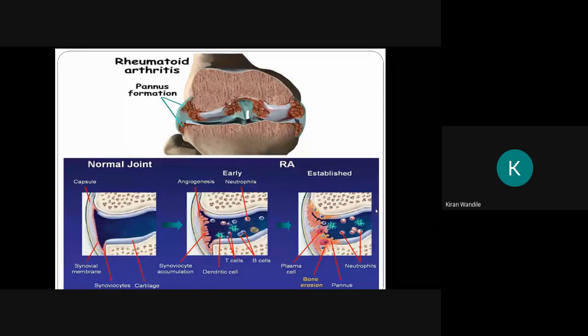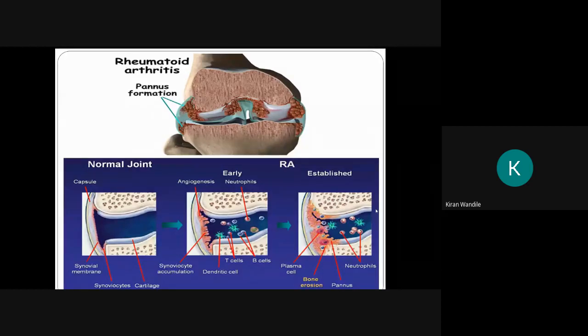And which cells are accumulated in this pannus? In pannus formation, these are the T cells, B cells, dendritic cells, synoviocytes accumulation.